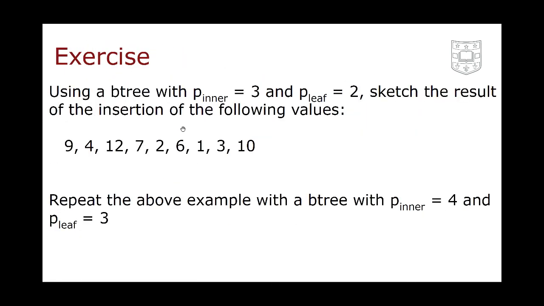All right, cool. So we actually did this example already with these values, right? I want to repeat this example. I hope you already have this in your notes from when we did it before. I want to repeat this example, but with different degrees. I want the degree of the inner nodes to be 4 and the degree of the leaf nodes to be 3. So I've just increased them both by 1.